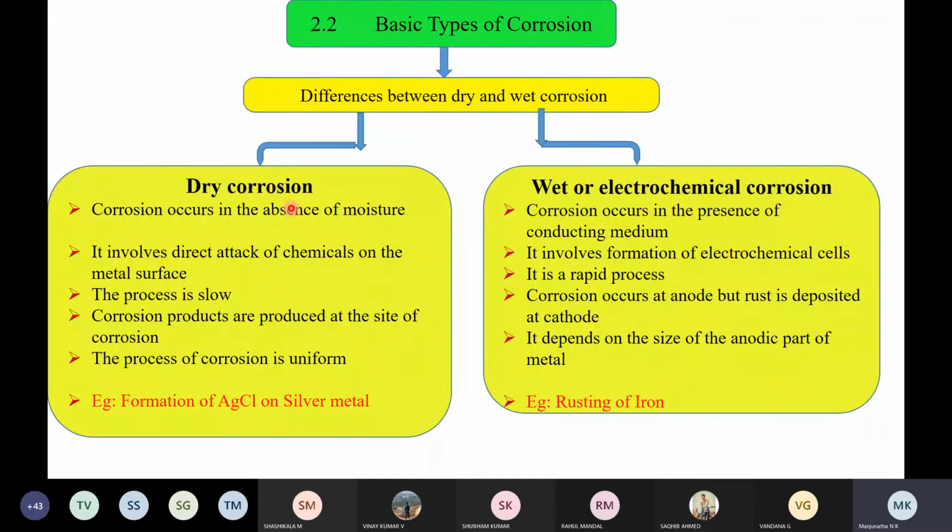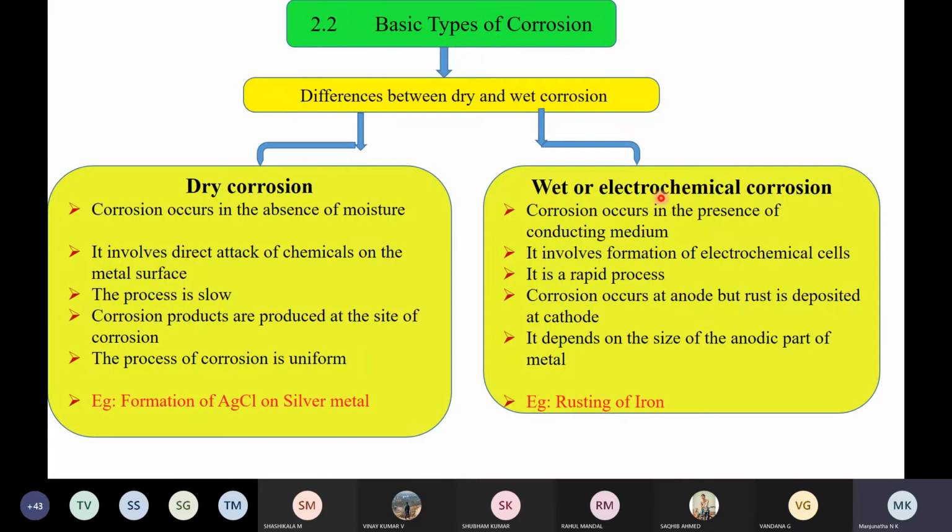Coming to the second type of corrosion, that is wet or electrochemical corrosion. It is observed in the presence of a conducting medium, meaning in the presence of both moisture and oxygen.